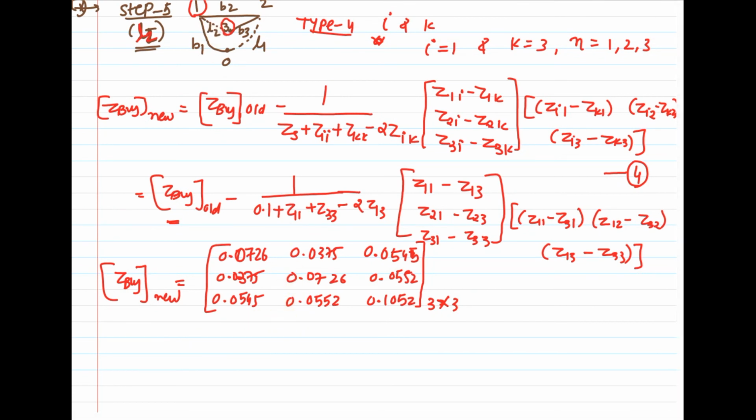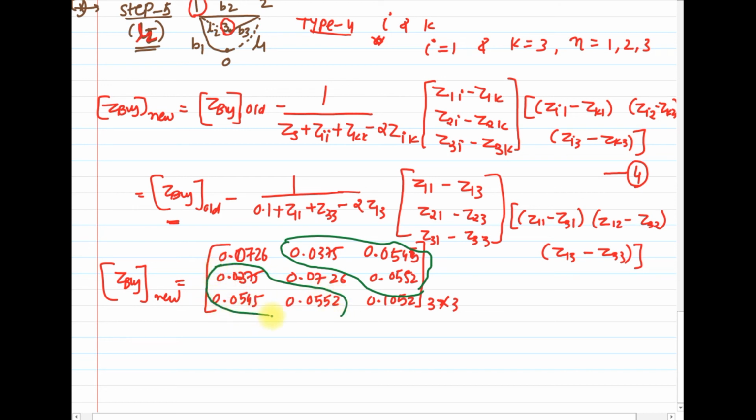Yes, one more thing you have to analyze over here: this matrix is a symmetric matrix, so you need to verify your answer such that the upper triangle and the lower triangle of the matrix remain the same. That means Z12 is equal to Z21, or in general I can write Zik is equal to Zki.